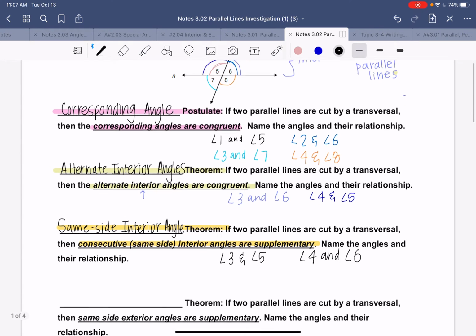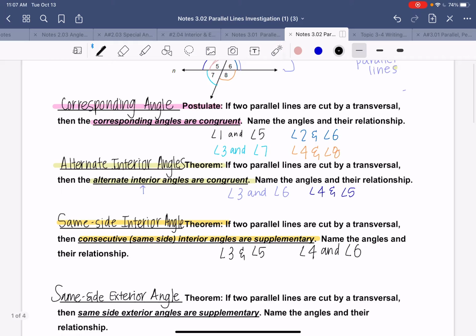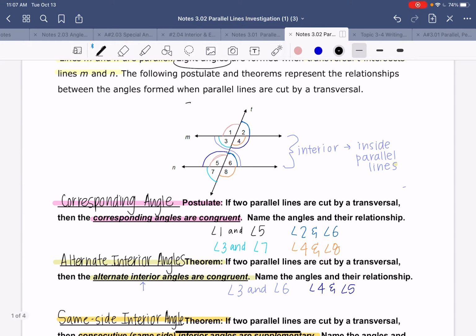All right, the next one, the same side exterior angle theorem. Again, same side means same side of the transversal, but it's exterior. Exterior means the angles that are outside of the parallels.